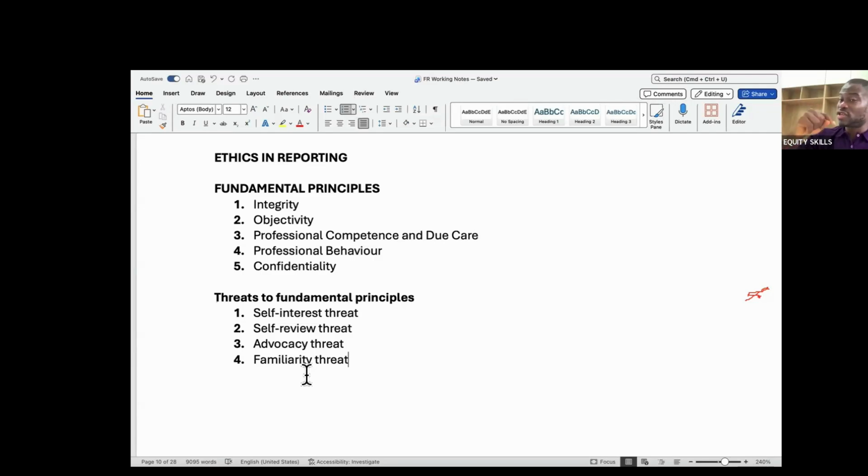So there's a threat in familiarity, whereby you are unable to separate business from leisure or from relationship. Whatever the counterparty does, you don't find anything wrong there anymore. You just okay it because you are now too familiar.